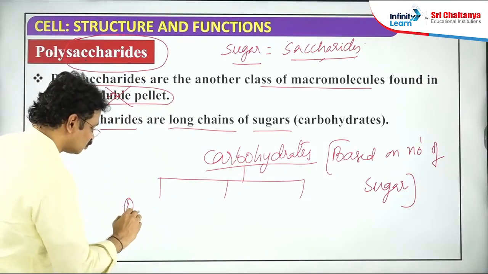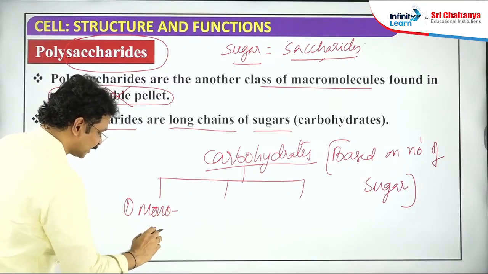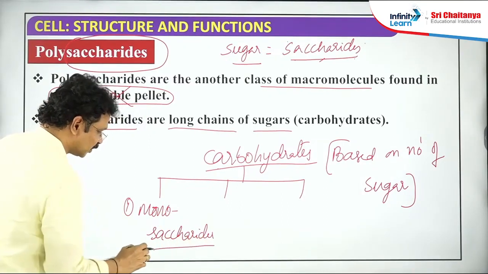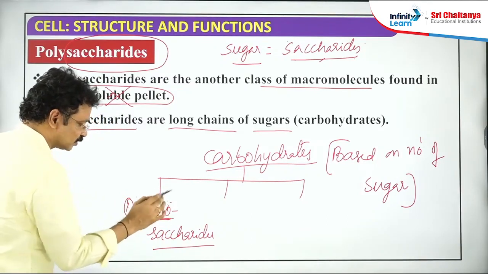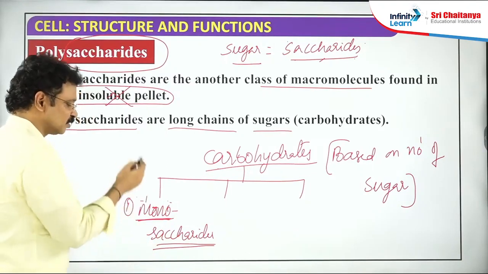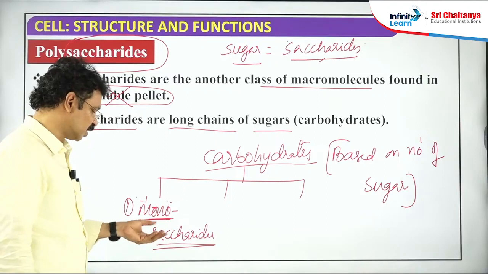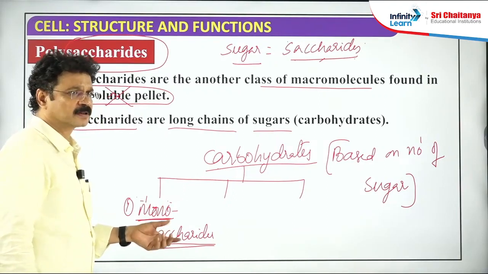One is monosaccharide. What is the meaning of monosaccharide? If a molecule of a carbohydrate is made up of only one sugar, mono, one sugar, saccharide, such are monosaccharides. Glucose, fructose, ribulose, all are examples for monosaccharides.